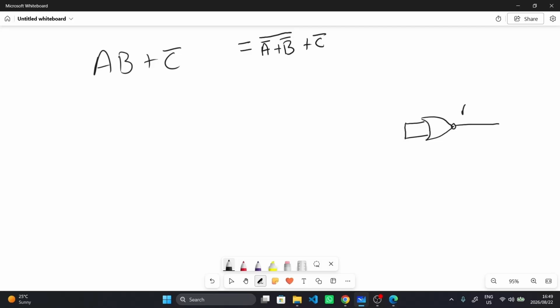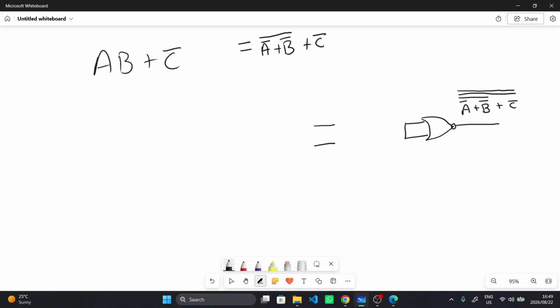So this whole thing here, A plus B NOT plus C NOT. Then you need another two lines on top, right? Because it will go back to here.